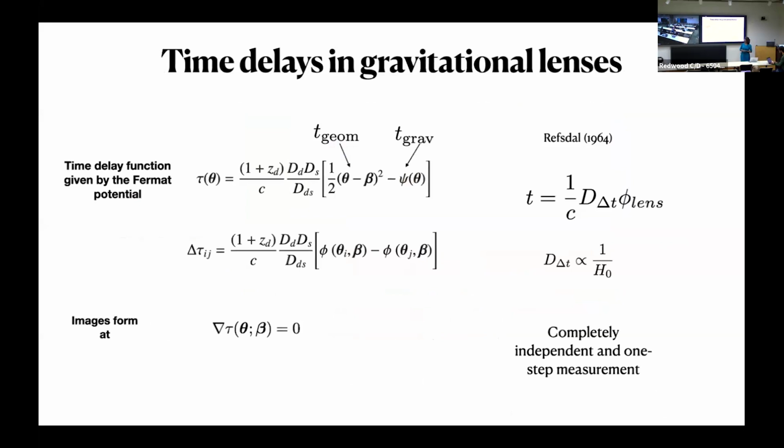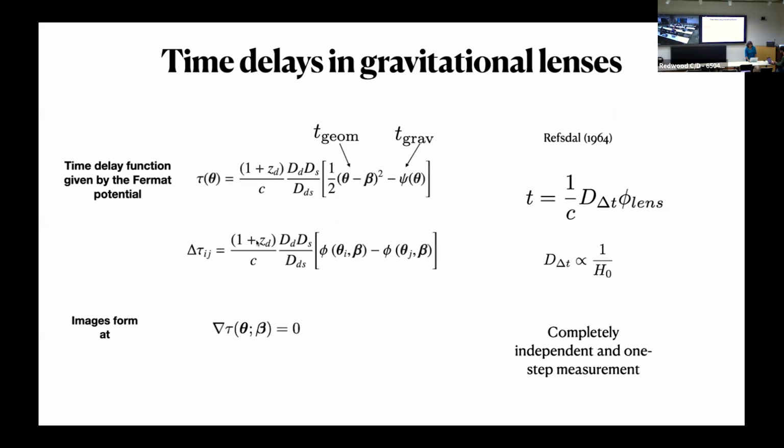So the time delays between the different images depend on the angular diameter distance ratios, the lens and source redshifts, and these two main parameters here. One of them depends on the differences in the geometric paths traversed by the different light rays, and also the different gravitational potential experienced by the different light rays corresponding to different images.